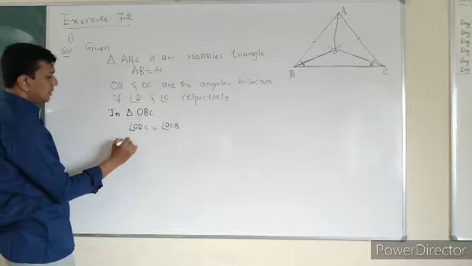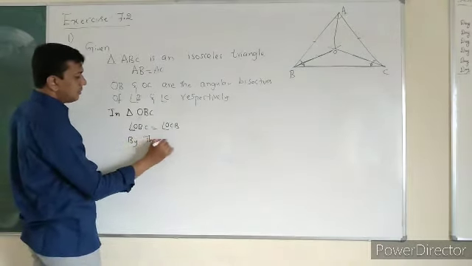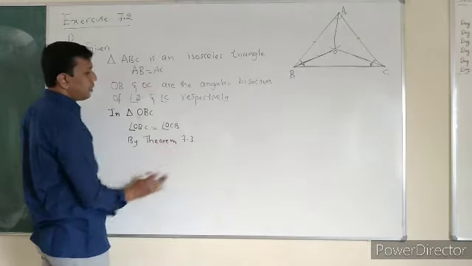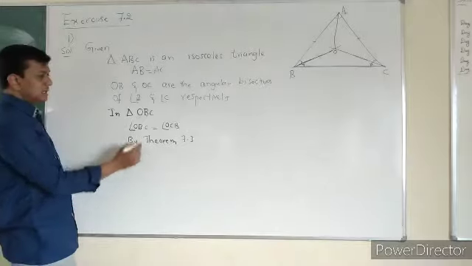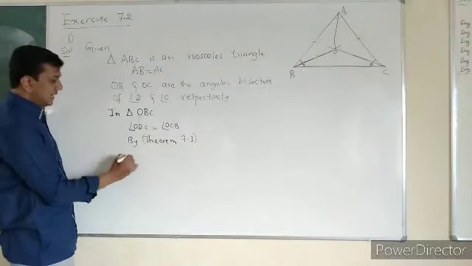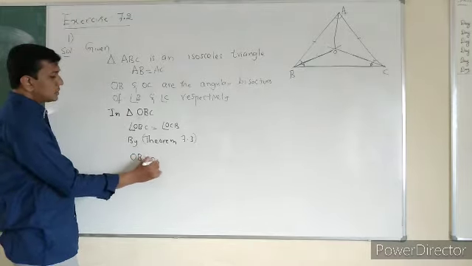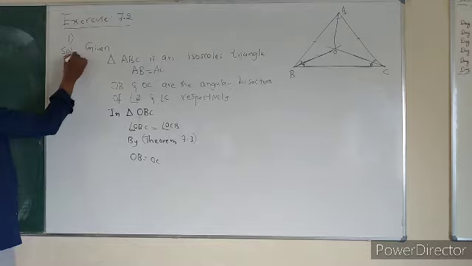Therefore, by theorem 7.3, you have to state the theorem here. I am just writing theorem 7.3. So by theorem 7.3 we can say that OB is equal to OC. This is the first proof done.